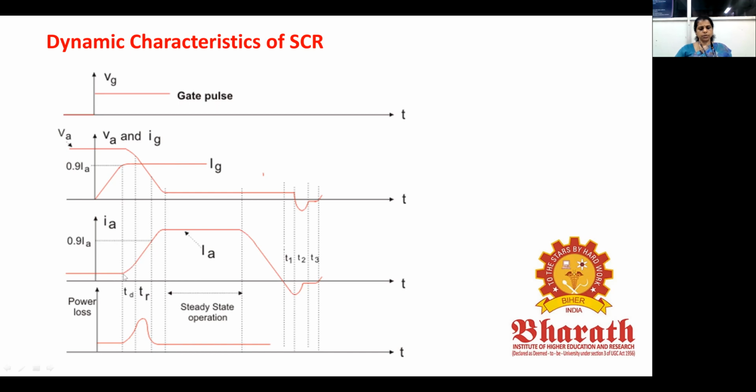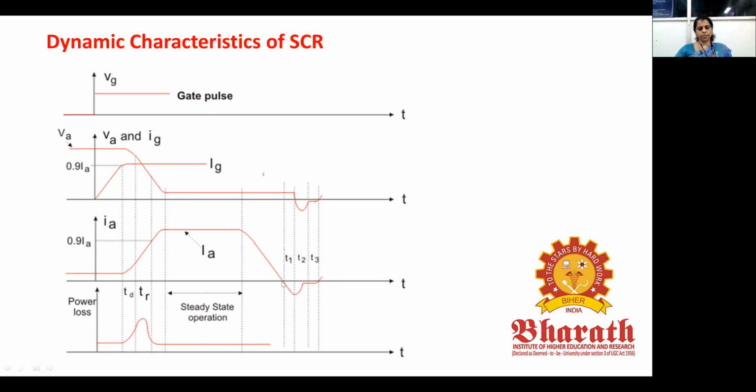First it is 0, then it increases. So this is the on condition, and till this point it is on. At this point, I am going to remove the gate pulse. Once I remove the gate pulse, the anode current starts decreasing. It will not reach zero instantly.